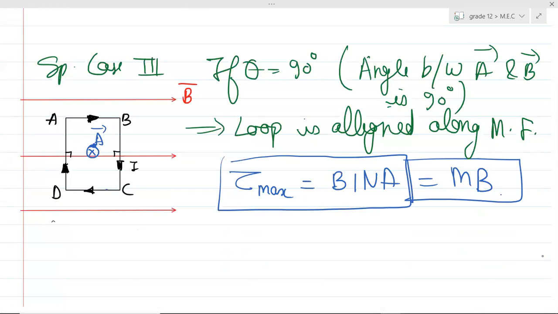In the next class, we'll do the moving coil galvanometer, some more questions and concepts, and this chapter will be over. There is an advanced concept called Q by 2m cases, which we will do later.